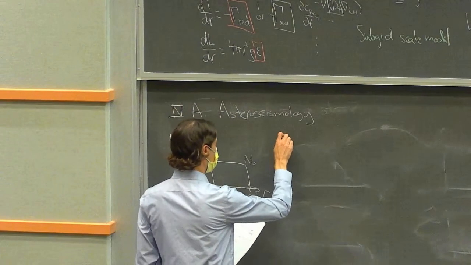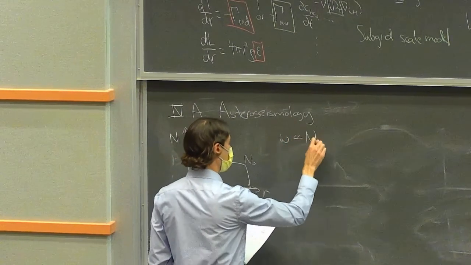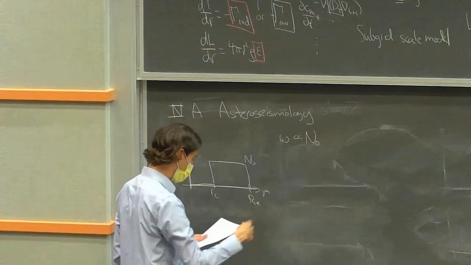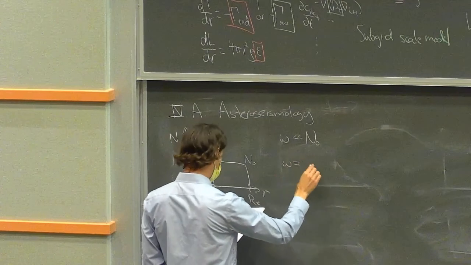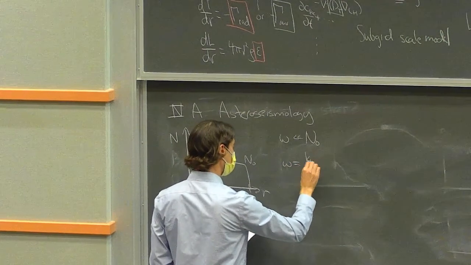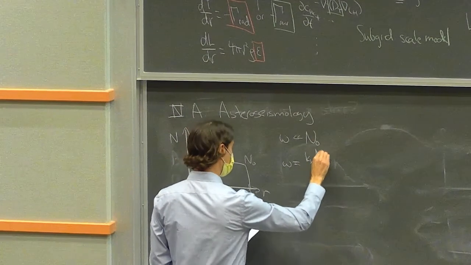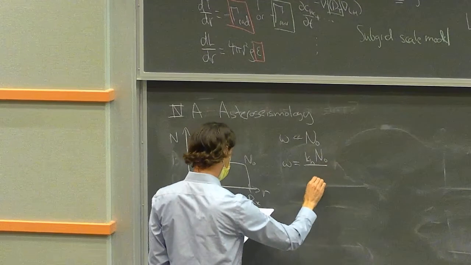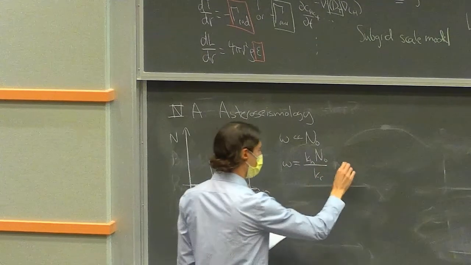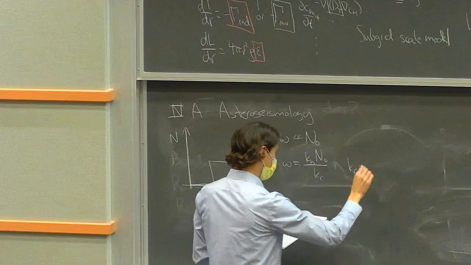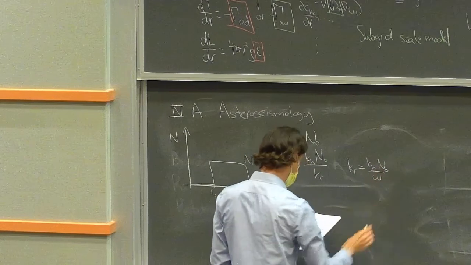Well, the modes that are observed have frequencies that are much less than the typical buoyancy frequency. Because of that, we can use the following expression for the dispersion relation of the waves: the frequency is given by the horizontal wave number times the buoyancy frequency over the radial wave number. And then we can solve this for the radial wave number, k_r equals k_h N naught over omega.